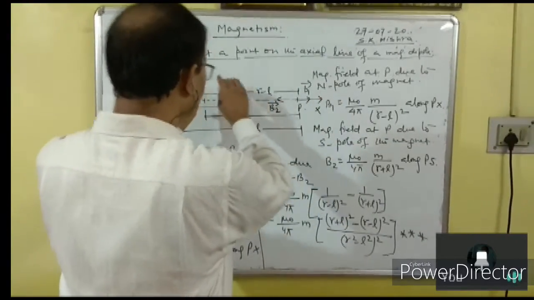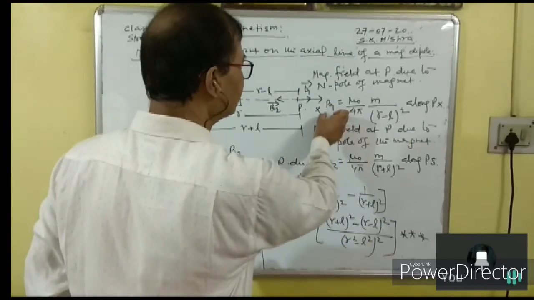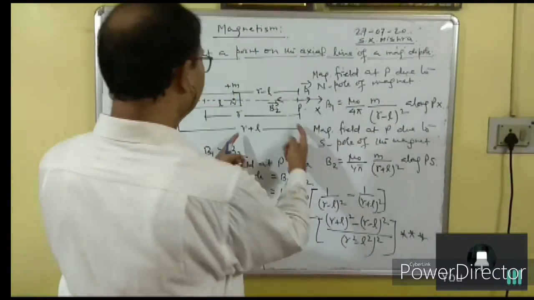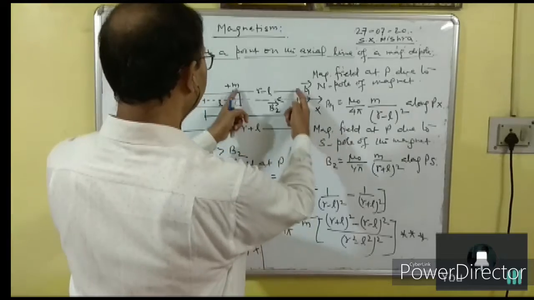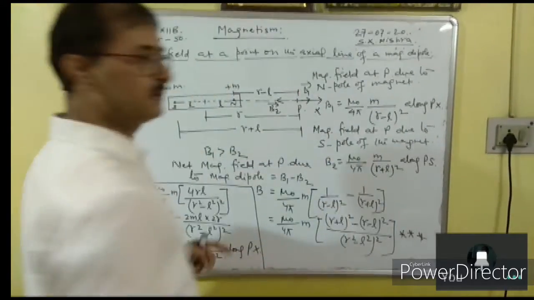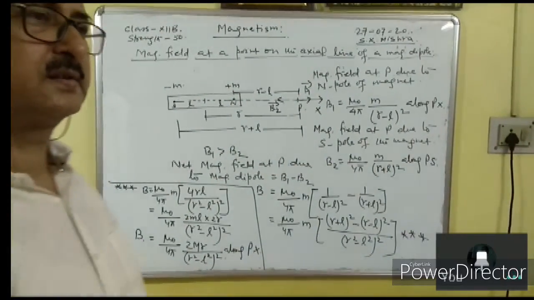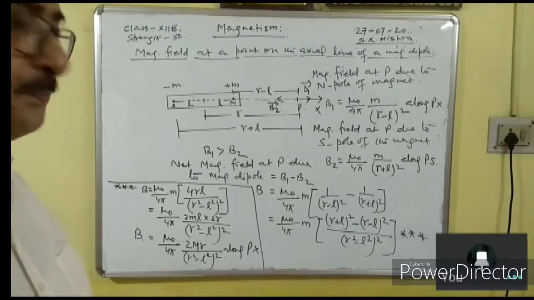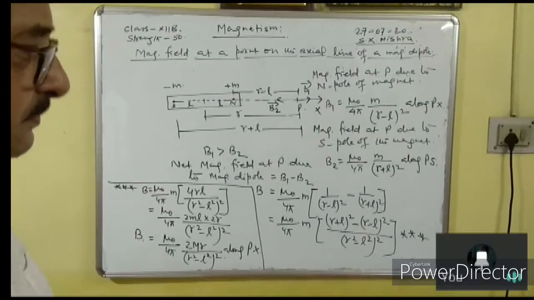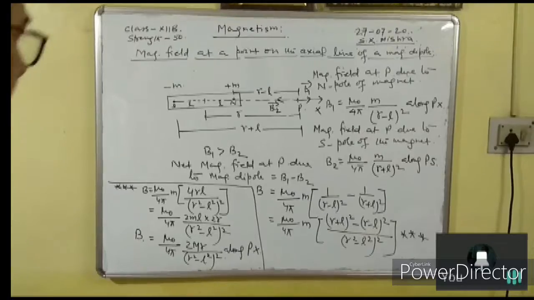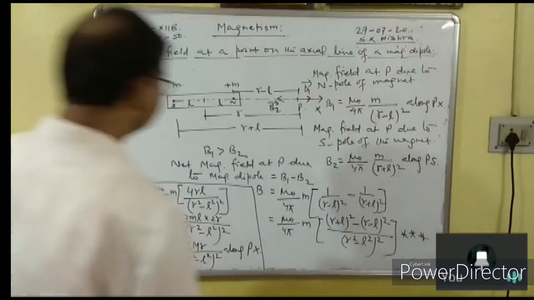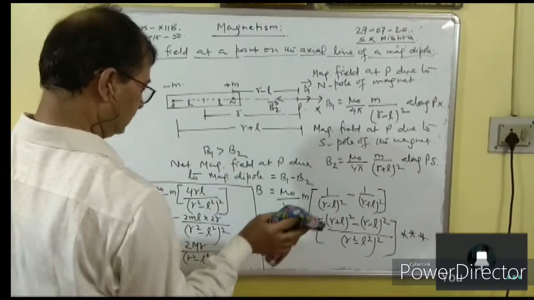Then this is 2ml into 2r. It's very simple. If you multiply all these factors, you will have this one. Now, why have I written like this? Because 2ml is nothing but capital M, magnetic dipole moment.